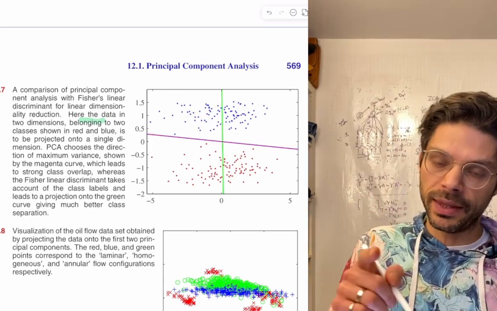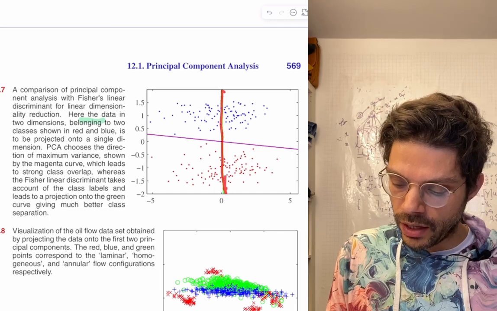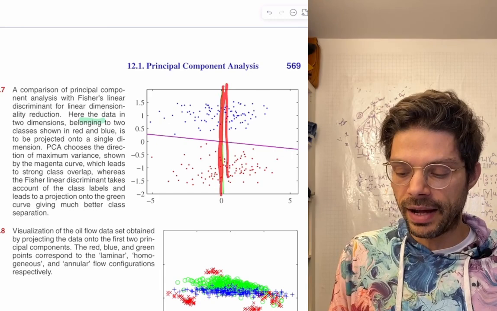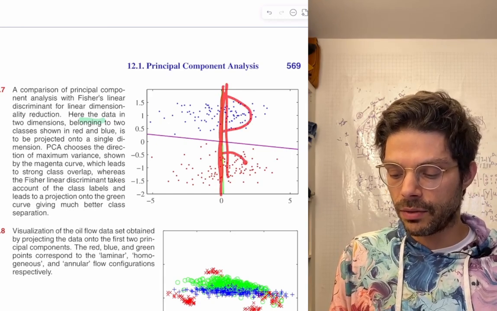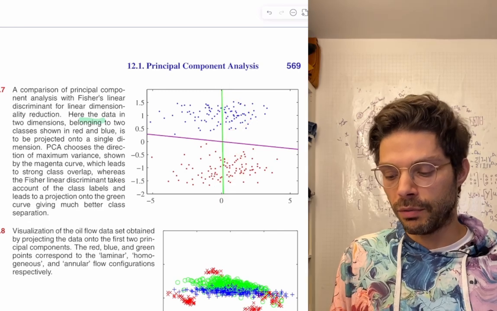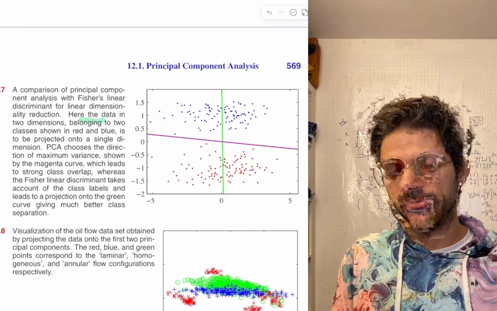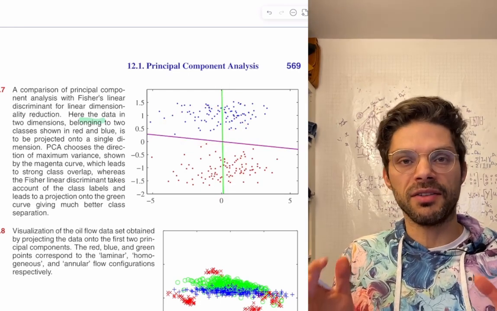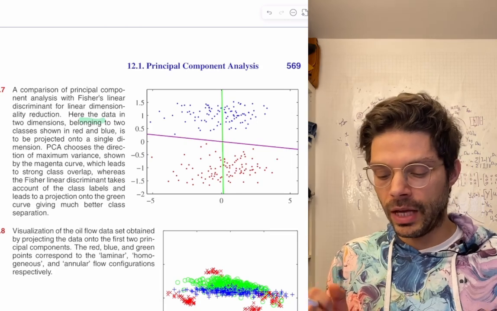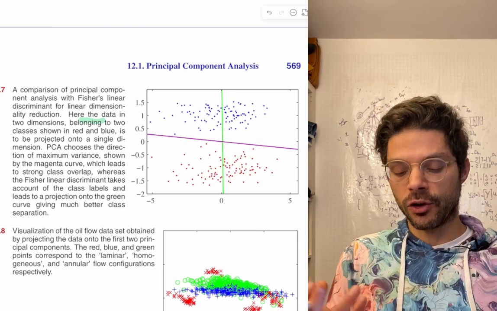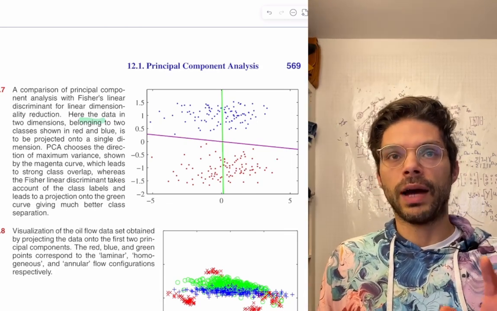But if you want to split them, the direction you want is this one, because if we project onto this axis, then the blue is over here and the red is over here. Whereas if we project onto the other axis, they're quite mixed up. So that's the intuition. Maximizing variance is not necessarily always what you want. If you have labeled data, you typically want to split your data, and then the directions are different. Just good to have that in mind.